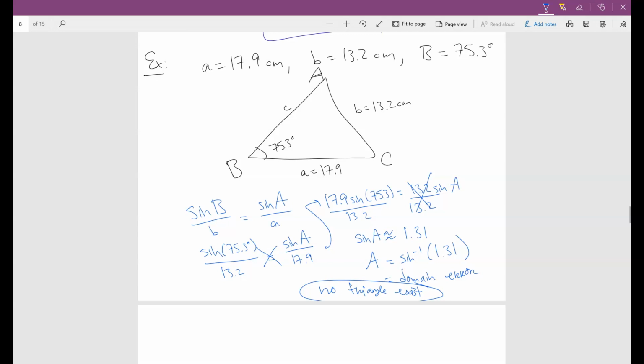No triangle existing is actually the best case because then you don't have to worry about the rest of it. But that's basically how you do these law of sines problems, especially in the ambiguous case. In the next video, I will do a problem where you have two triangles.